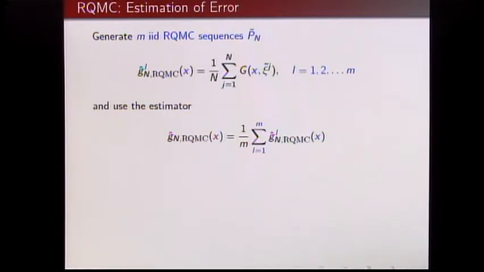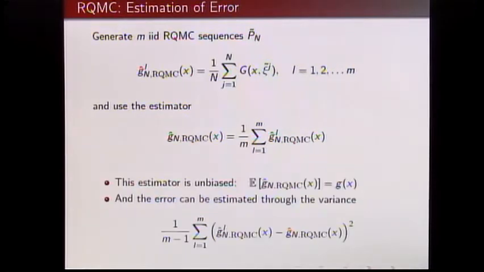And then I take all of these and take an average of them. That's my actual randomized quasi-Monte Carlo estimator. So I create M of them and take the average overall, which is basically the average of all N times M points. Once I do that, I can also see easily this is unbiased, and the error term can be estimated through the M replications.